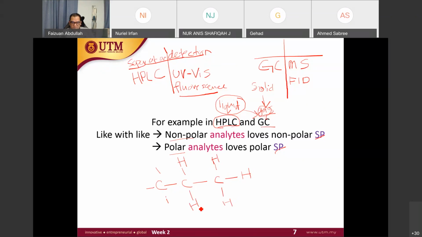We have three carbons. You learned this during your matriculation or during your studies. Propane? Is it true? Propane? Hello, petroleum engineers to be? Yes, propane. This is propane. Is it polar?